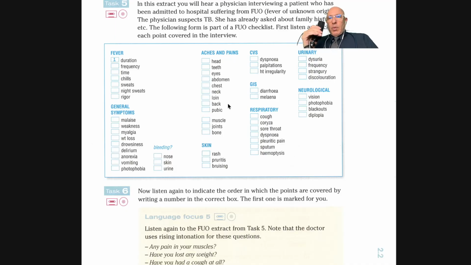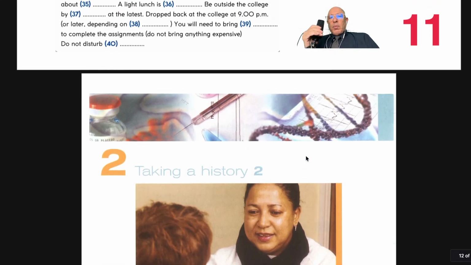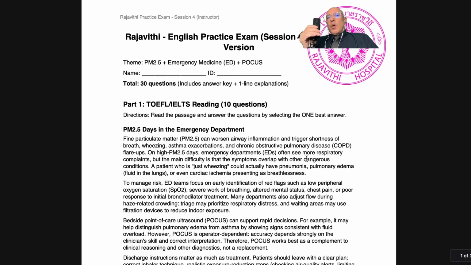All right, here we go. Let's go to the very beginning because we are looking at page 1.